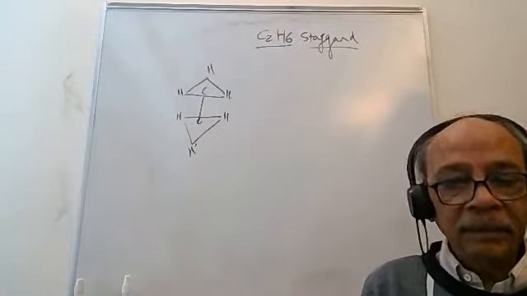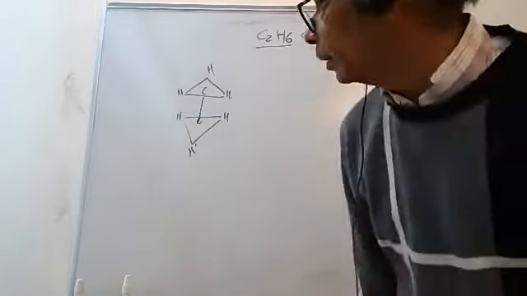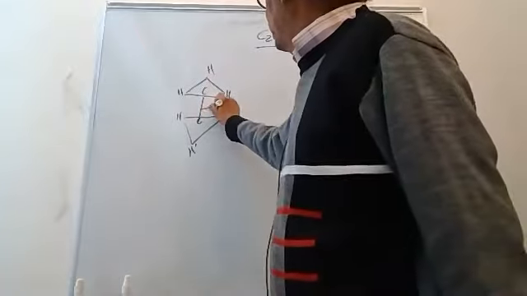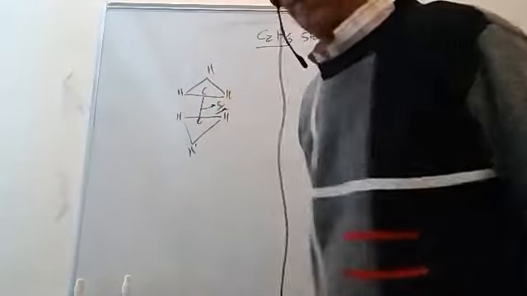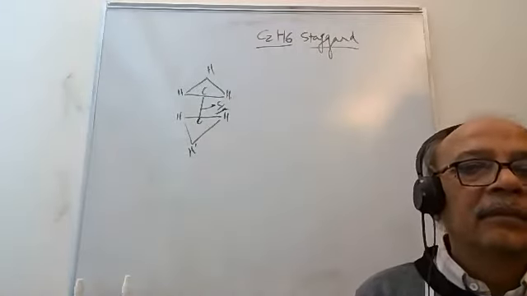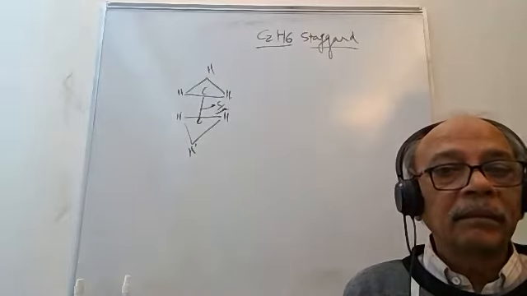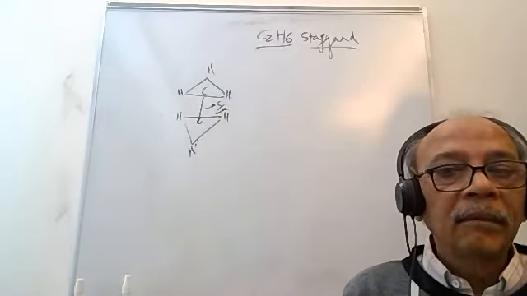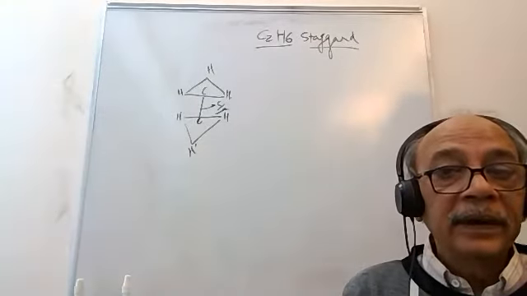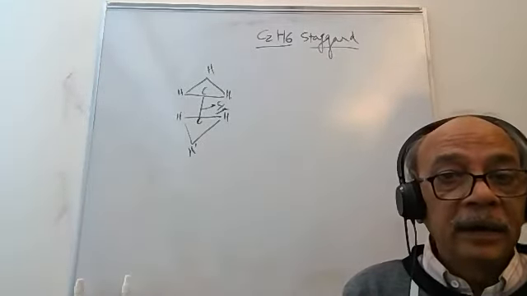I would claim that the CC bond axis here, this line, I claim this to be S6. What does S6 mean? You have to have a C6, right? Followed by a sigma.